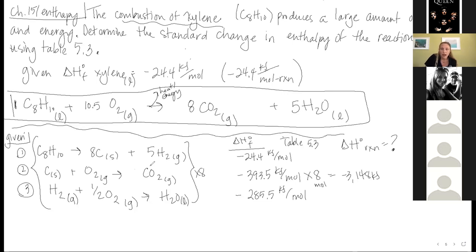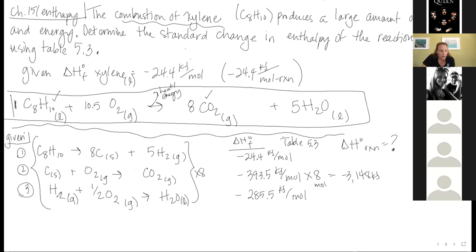And then I have my carbon dioxide that's taken care of from this initial xylene equation. I know that my xylene is good, and I have my carbon dioxide here.